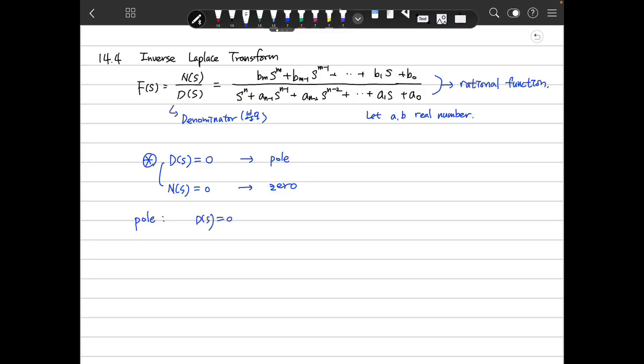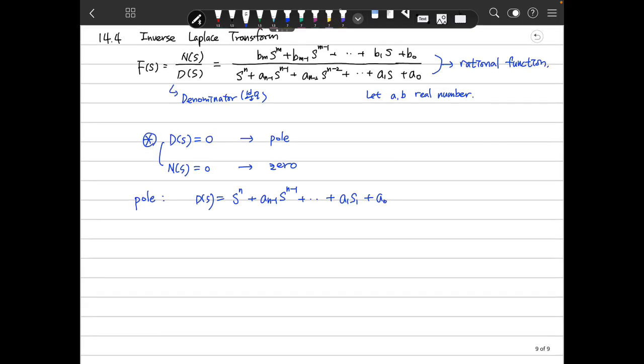That means D(s) is s^n + a_(n-1) s^(n-1) + ... + a_1 s + a_0. So there will be some solutions.